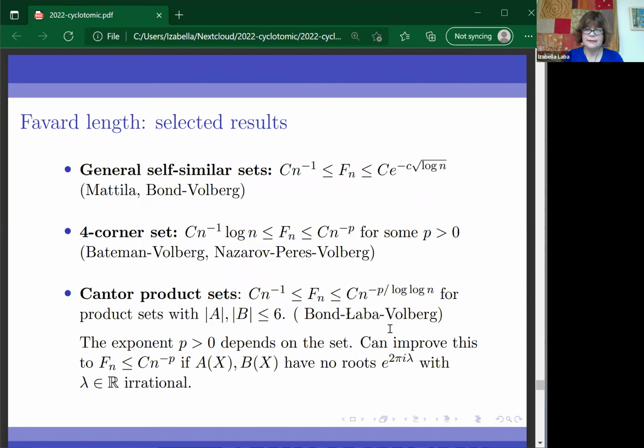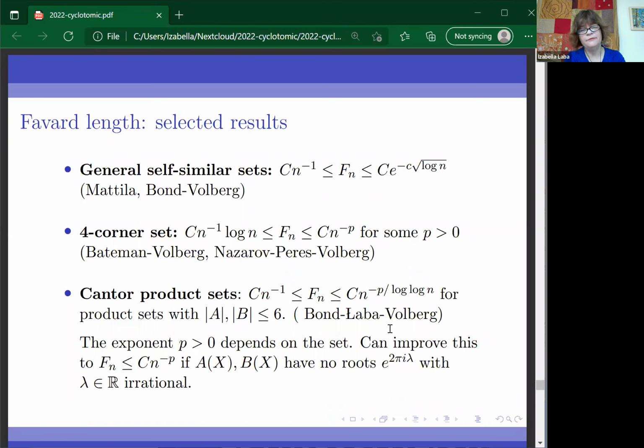There are various results on the Favard length of those. There's a general lower bound C over N due to Mattila, and an improved lower bound for the four corner set specifically, C log N over N, that's due to Bateman and Volberg.